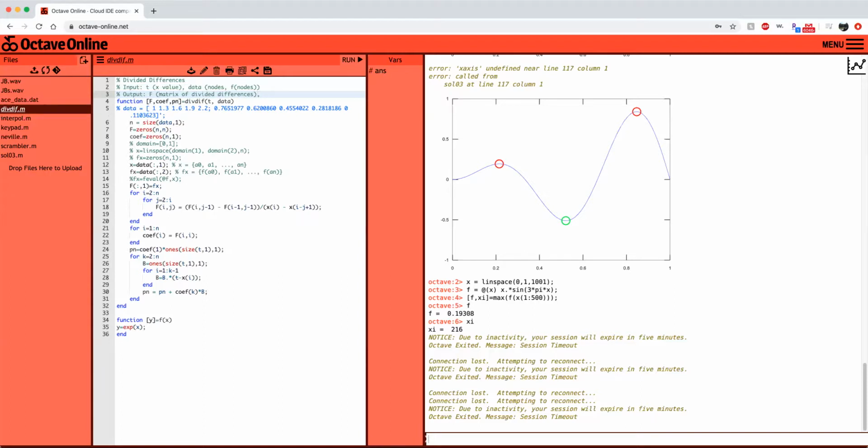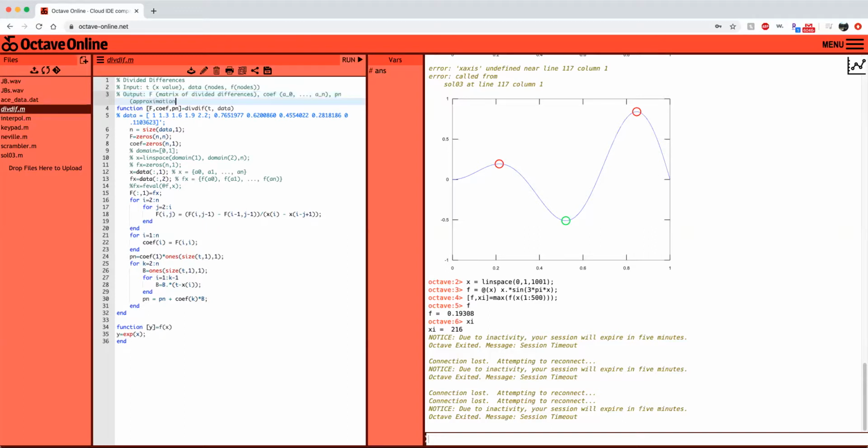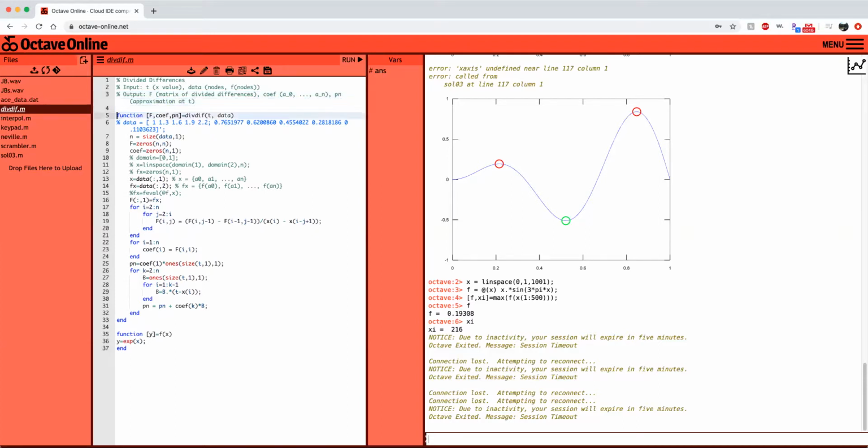Right, and then the coefficient, which is a sub 0 through a sub n, okay? Then the p sub n, Pn, that's the approximation at t, okay?